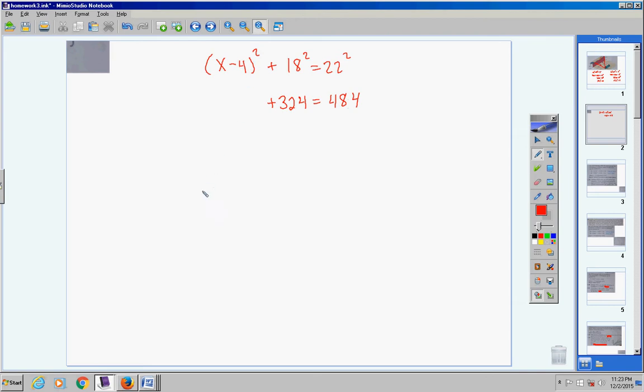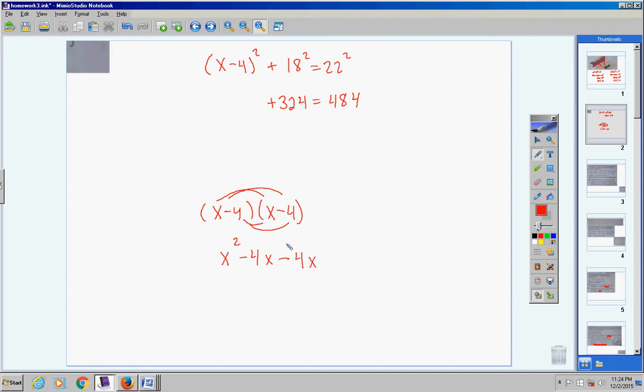(x - 4) squared means you have (x - 4)(x - 4). So take your x here and multiply it through. x times x is x squared. x times negative 4 is negative 4x. Now take your negative 4 and multiply it through. Negative times the positive is negative. 4 times x is 4x.